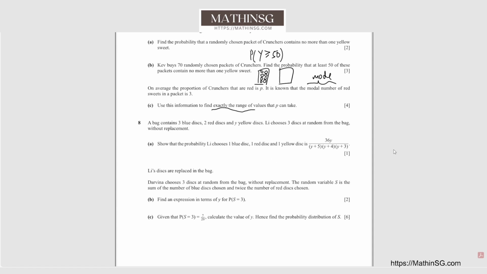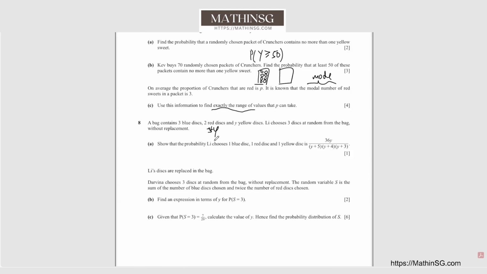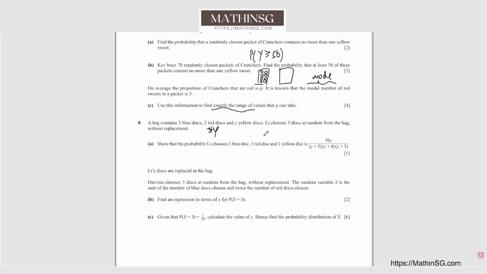Okay, so I know that the total number of discs is 3 plus 2 plus y, which is 5 plus y. So to find the required probability, the probability of choosing a blue disc is 3 over 5 plus y, and the next disc being a red one is 2 over 4 plus y.